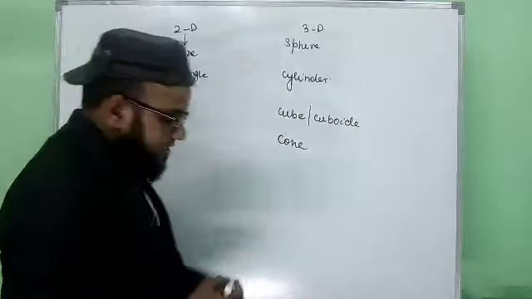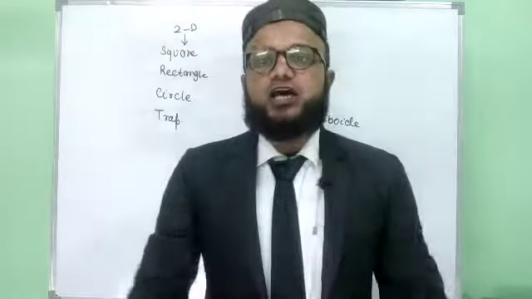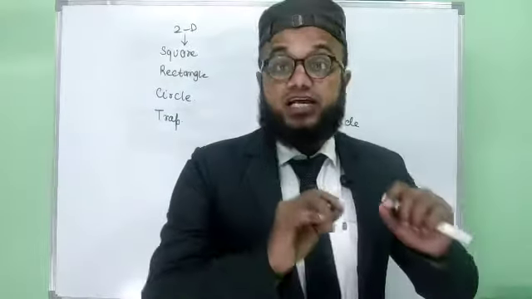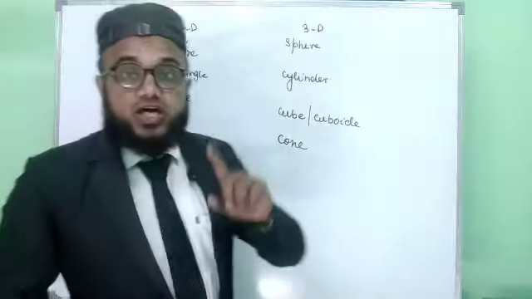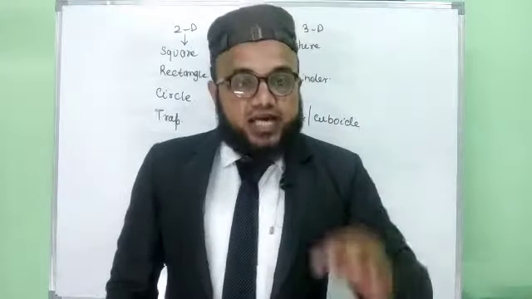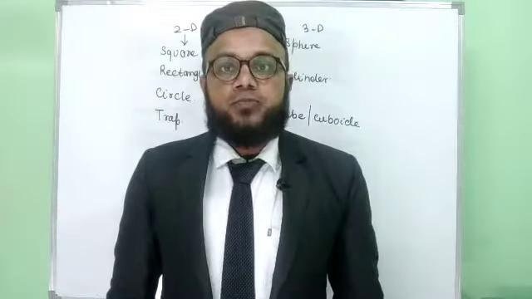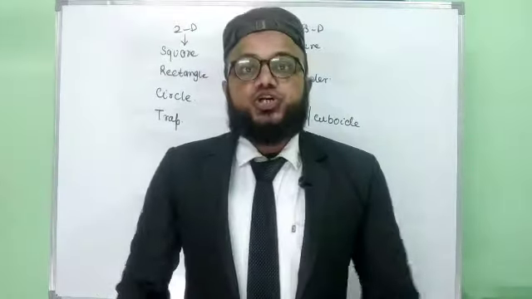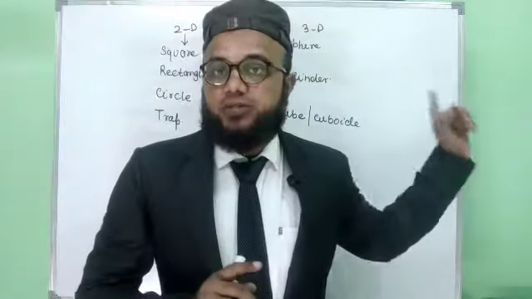So before finding the area, we have to be very careful about which type of area is asked in a three-dimensional figure, because the statement changes: surface area, base area, or curved surface area. So we have to be very careful before finding the area of a three-dimensional figure.